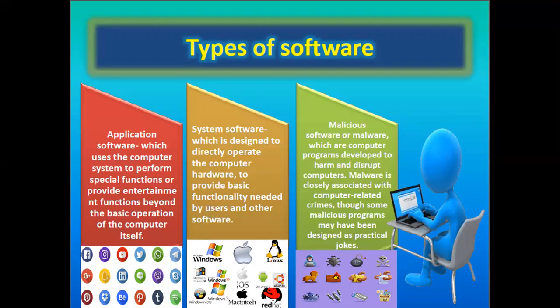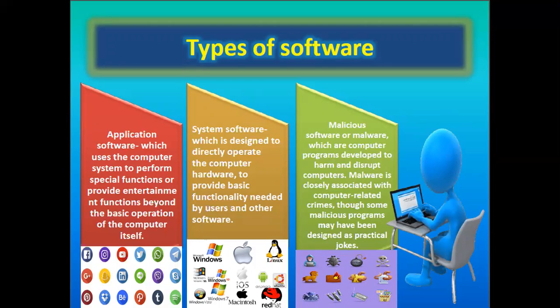Next, and third, we have the malicious software or malware, which are computer programs developed to harm and disrupt computers. So malware is closely associated with computer-related crimes, though some malicious programs may have been designed as practical jokes. So malware, or what we commonly know as viruses, are software.